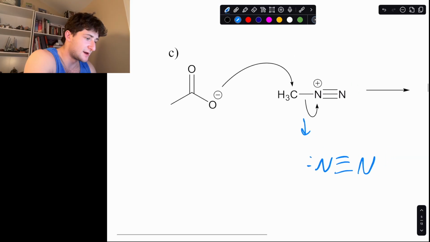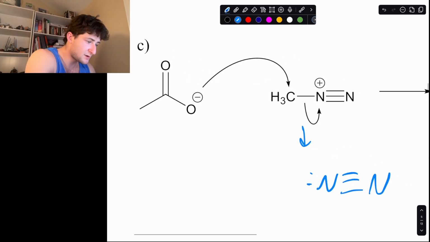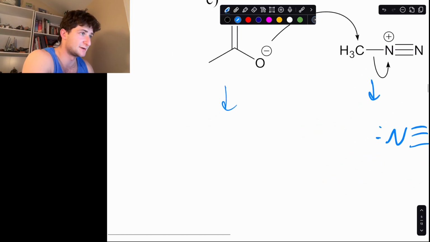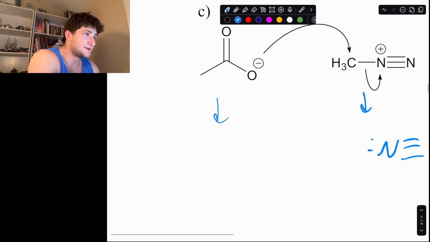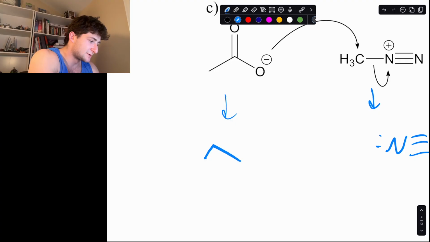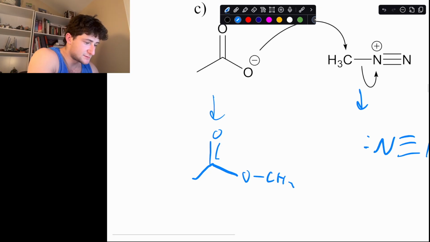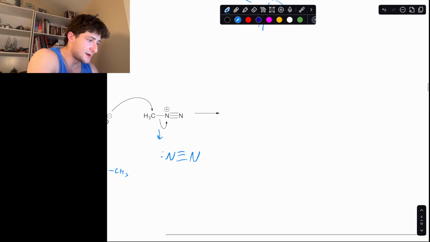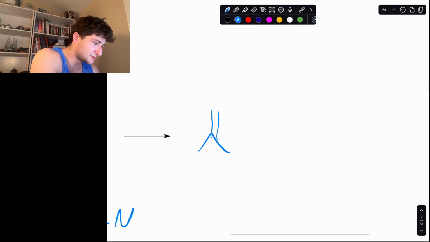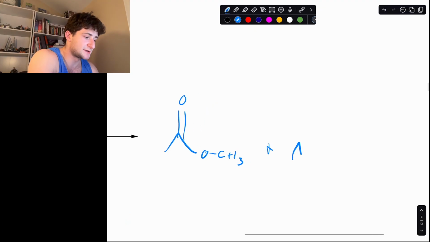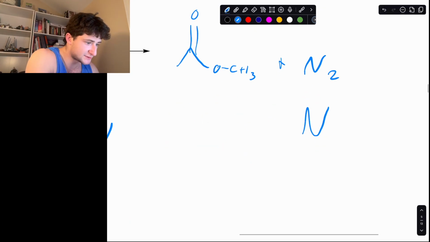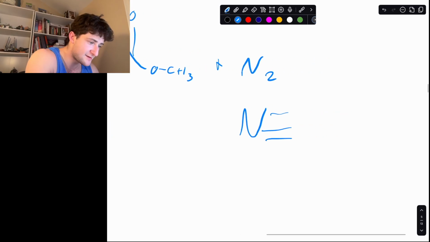Feel me? And then we have this attaching CH3 to the end there, which looks exactly like you would think it does. So then wrap it all up, just redraw it over here. CH3 plus N2. Look at that. It's just N2, guys. It's just N2.